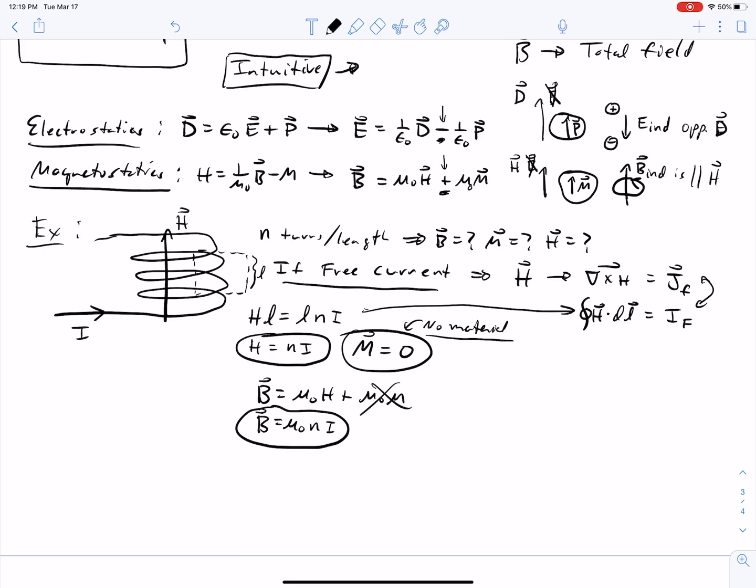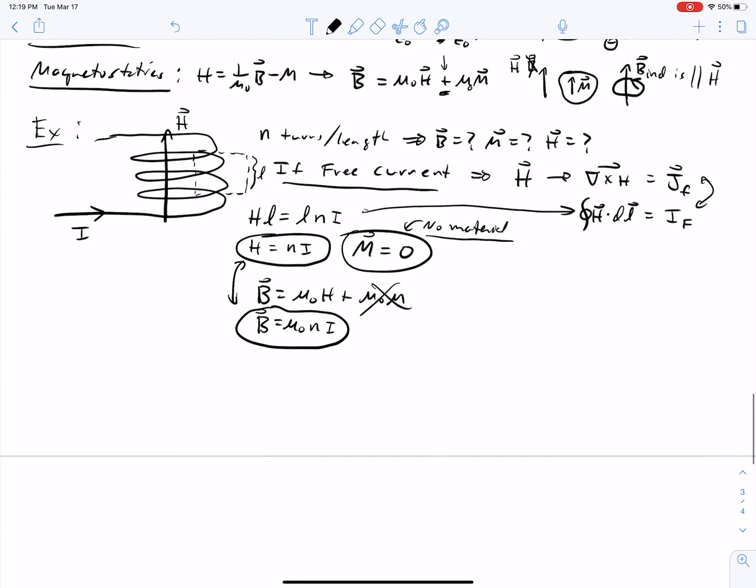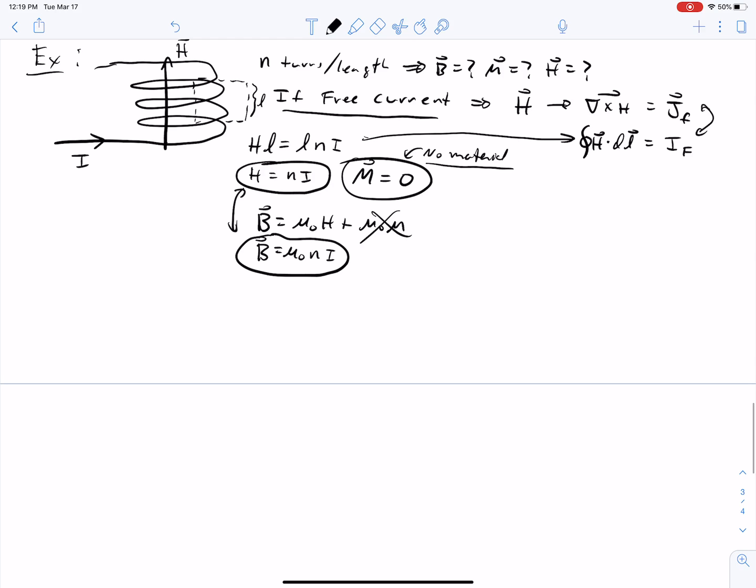One of the things that we see here is that B and H are kind of the same because there's no magnetization from the material. But let's consider another example. Let's consider a magnetized cylinder.